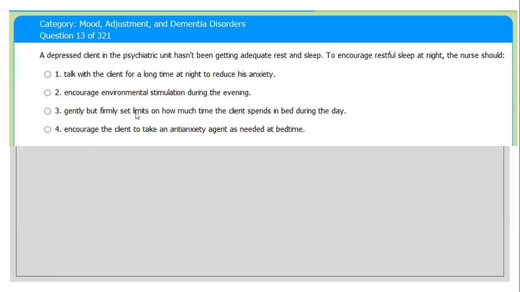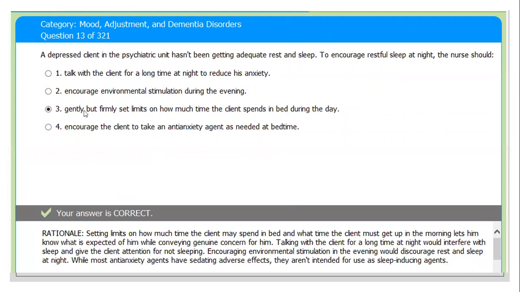Number 3, gently but firmly set limits on how much time the client spends in bed during the day. So it is good to always follow a routine, the same work daily. Number 4, encourage the client to take anti-anxiety agents as needed at bedtime. The correct answer is gently but firmly set limits on how much time the client spends in bed during the day. Rationale: set limits on how much time the client may spend in bed and what time the client must get up in the morning.